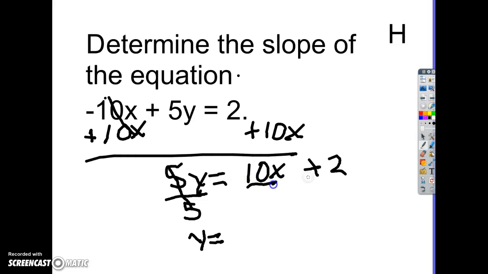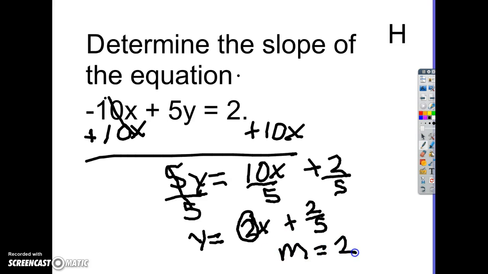And then we're going to put the line under both numbers on the right and put the same thing underneath them. So your first term of your slope-intercept is 10 divided by 5, which is 2x, and your second one is 2/5. Your slope is your 2 because it's the number by the x, so m is equal to 2. Slope is equal to 2.